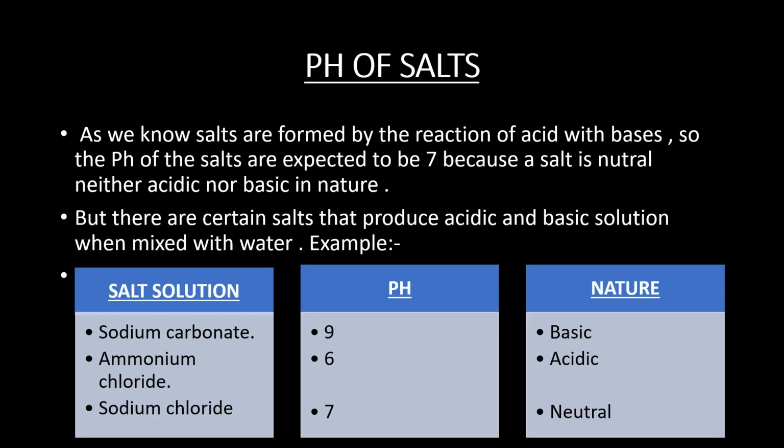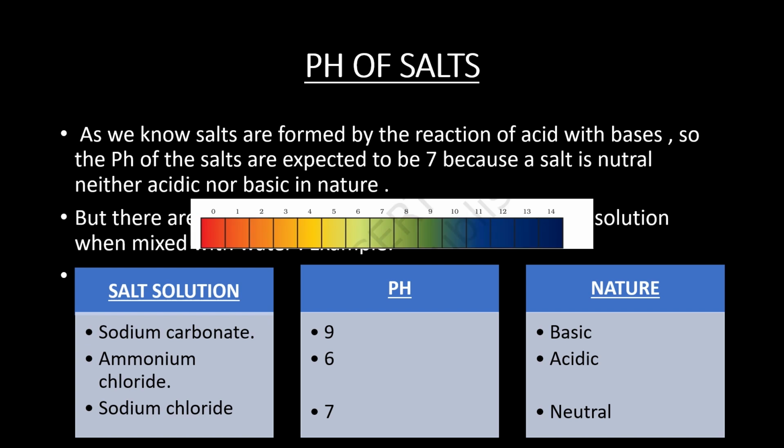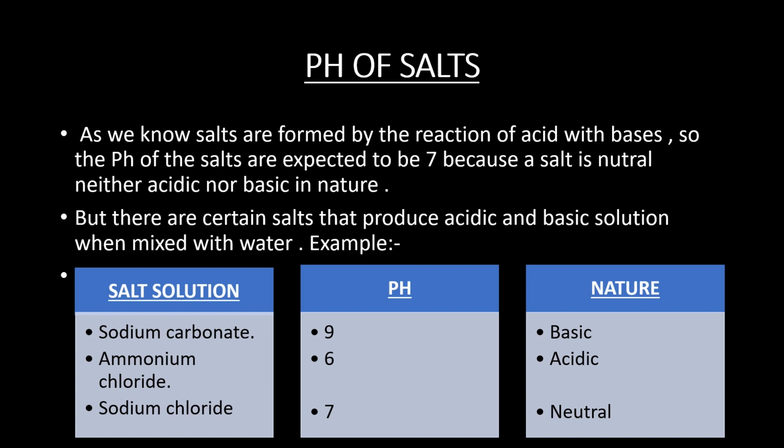Now we will discuss the pH of the salts. As you know, salt is formed by the combination of acid and base. So if you imagine this reaction, you will say that acid neutralizes base and base neutralizes acid, so there will be nothing left in the solution.